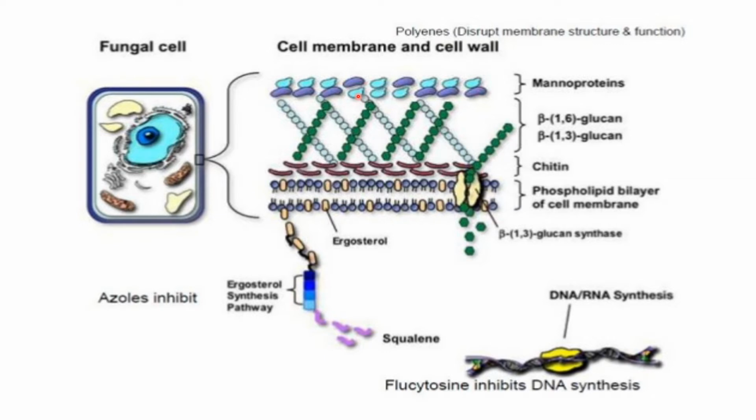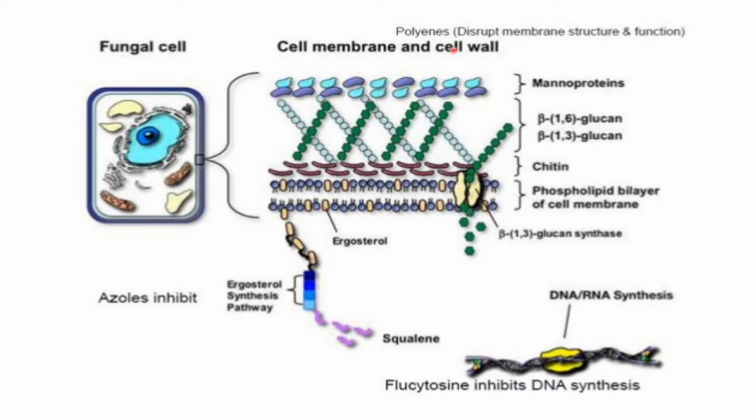Based on the illustration, we have here azoles, drugs that inhibit the ergosterol synthesis pathway, which we will discuss later. We have also flucytosine that inhibits the DNA synthesis of fungi.